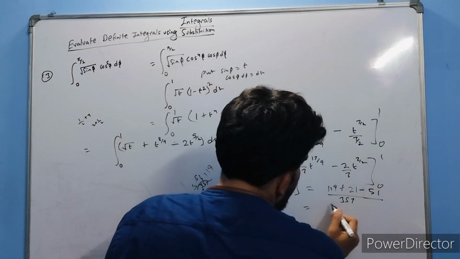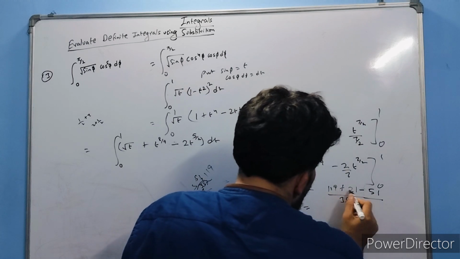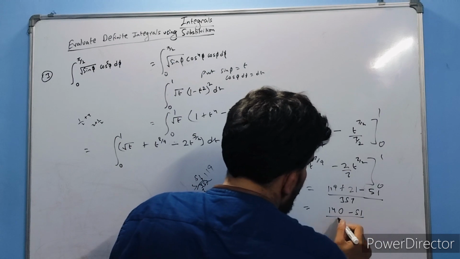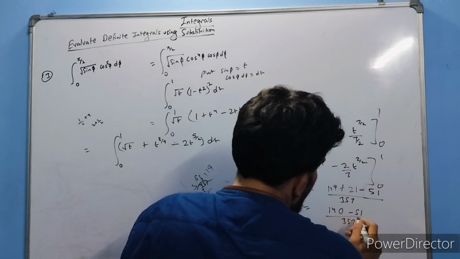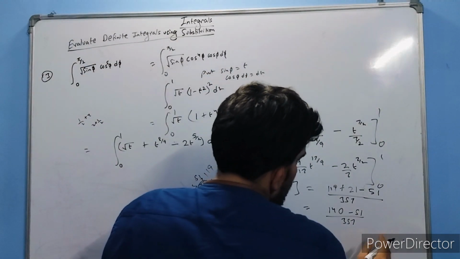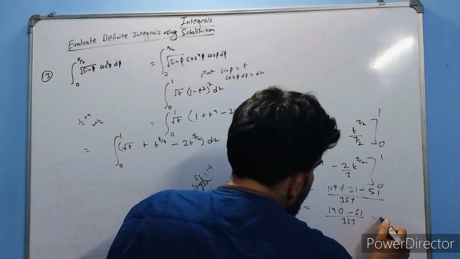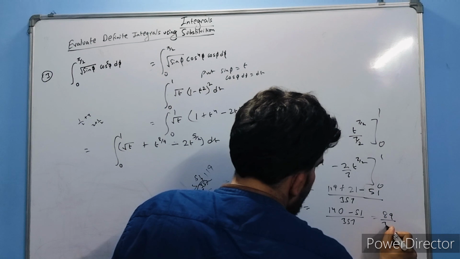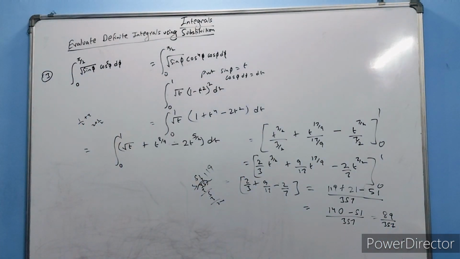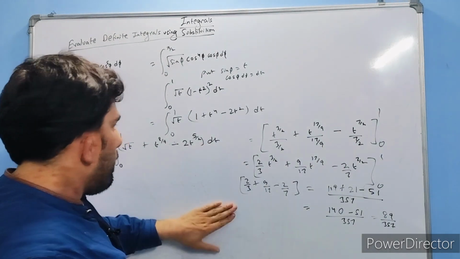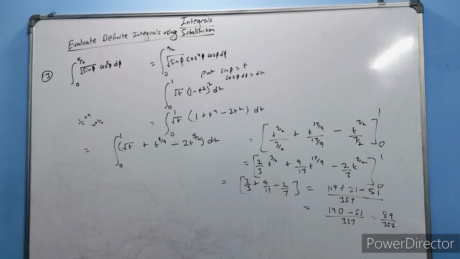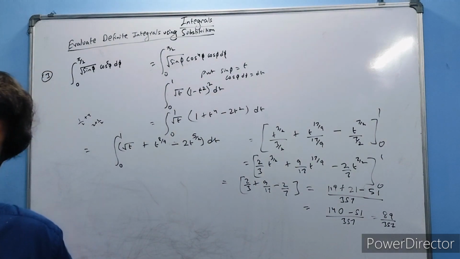Okay, so likewise I can solve, that is 4 minus 51 upon 357. So I got here 140, 100, 11, that is 89 upon 357. Okay, so that is how we can easily solve such kind of definite integral using substitution.